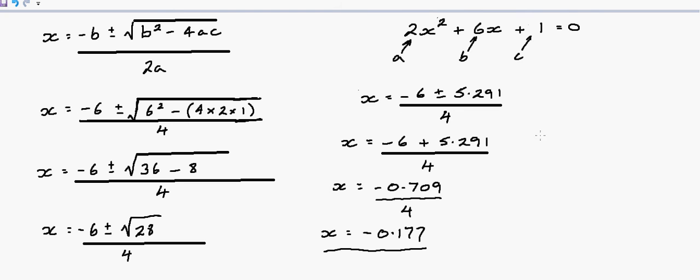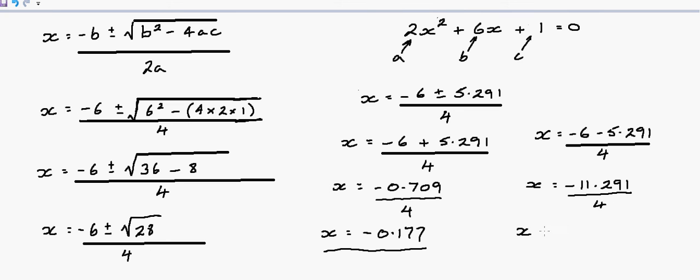So now we have x equals minus 6 minus 5.291, and again that's all divided by 4. So x equals minus 11.291 all over 4.